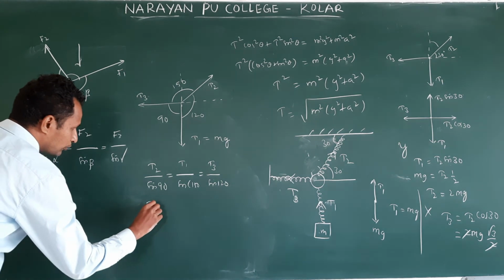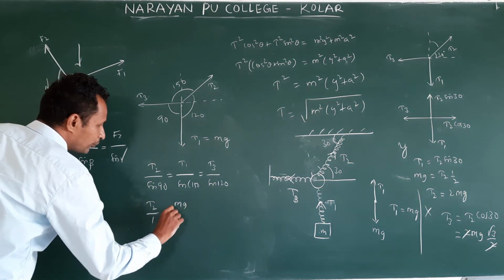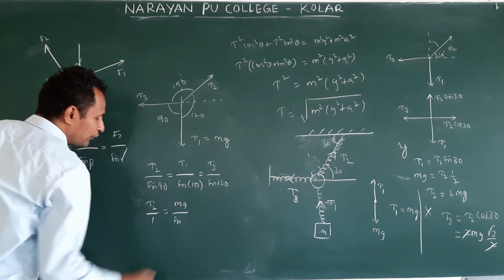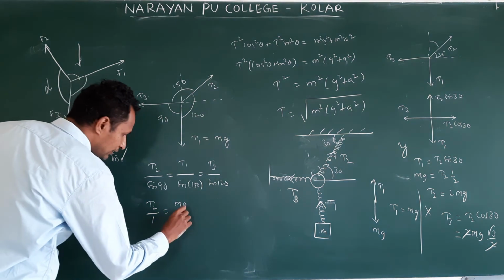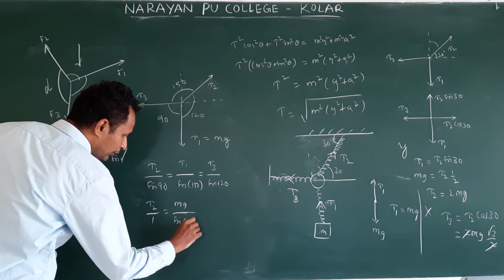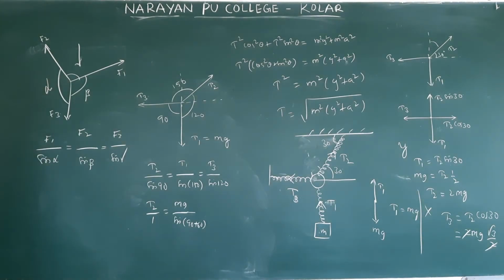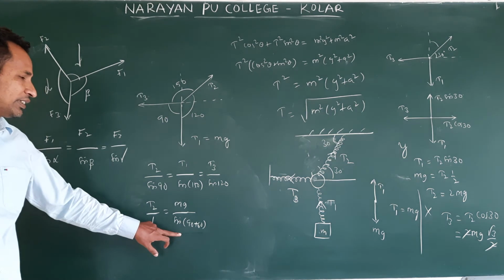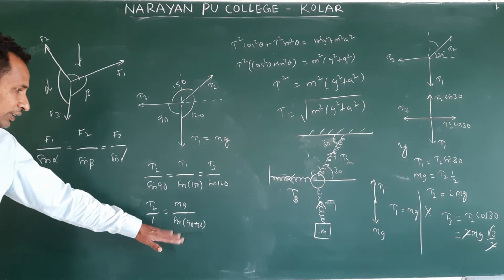So T2 by sine 90 is equal to mg by sine 150. How do you write 150? 90 plus 60. Like this. What will happen? 90 plus 60.